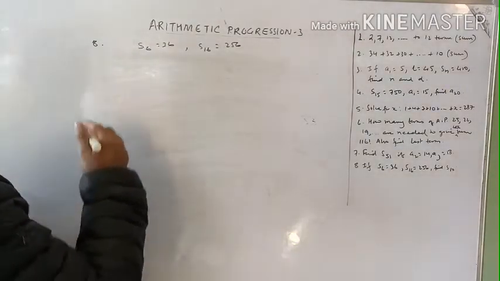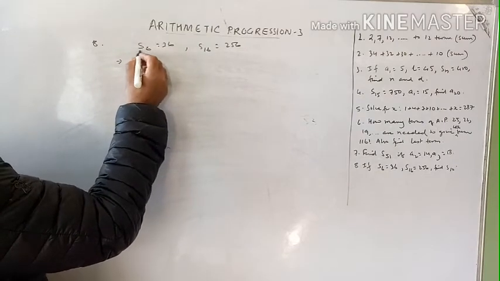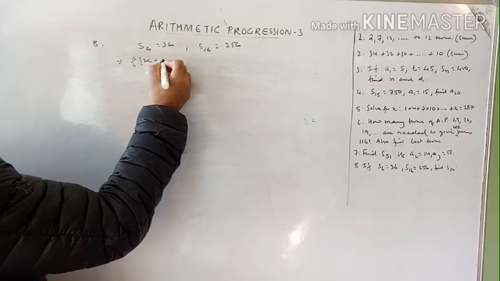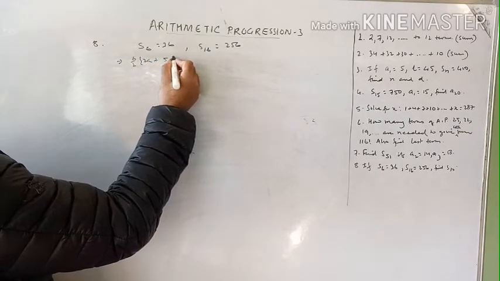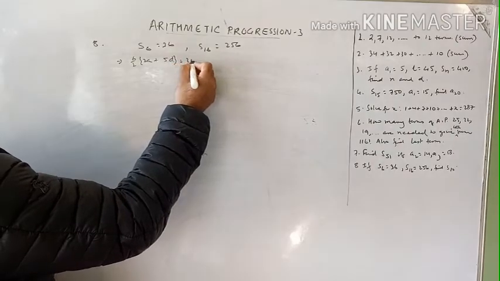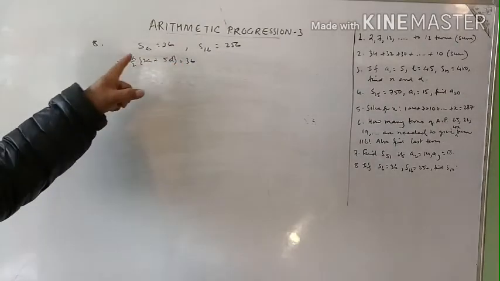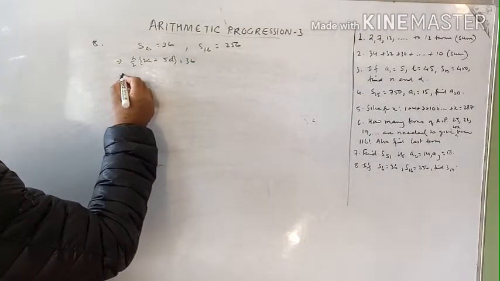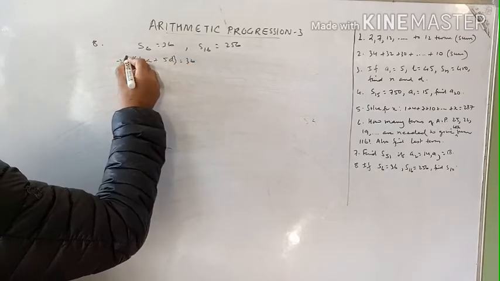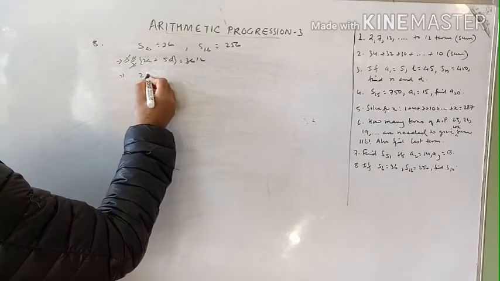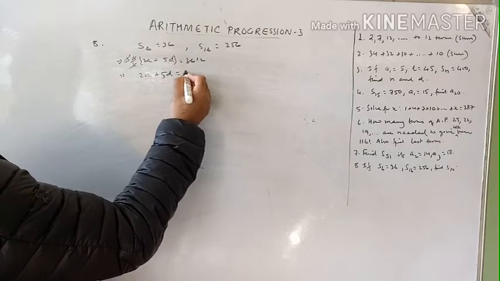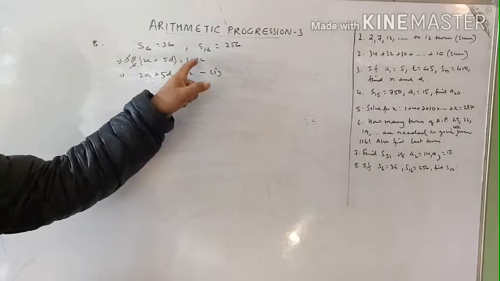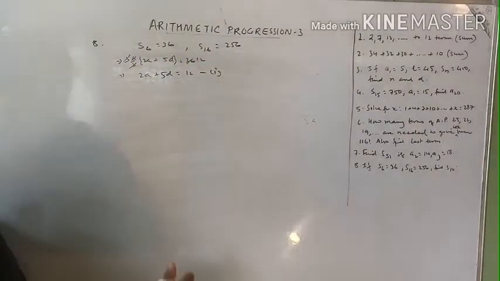So S6 means 6 by 2 into 2a plus 5d equal to 36, because n is 6, so n minus 1 will be 5d. 6 divided by 2 is 3, 3 will cancel here, 36 is 12 times. So 2a plus 5d equal to 12, equation number 1.